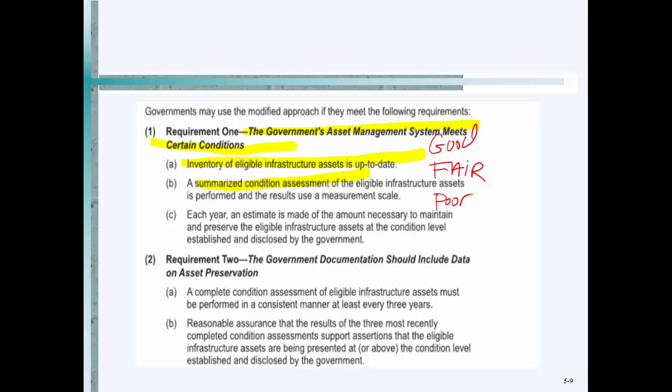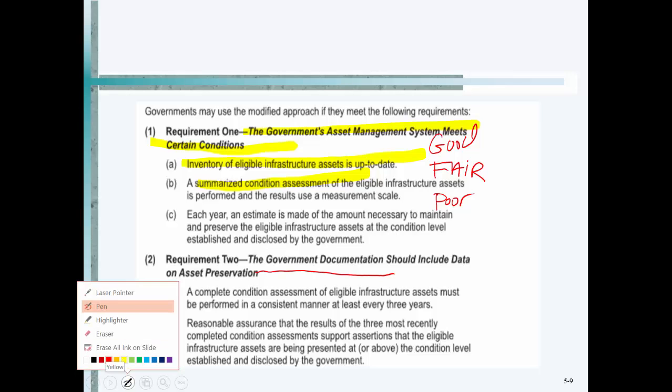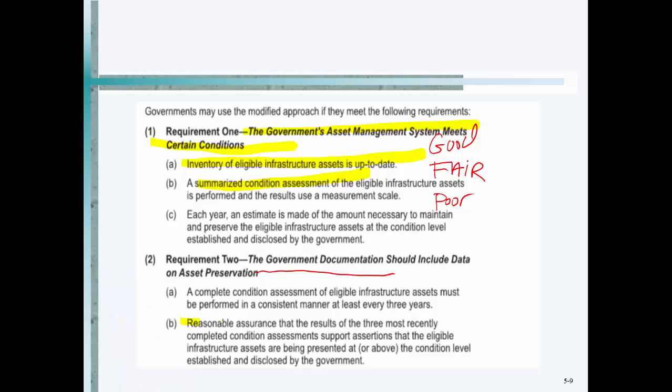So we have to have a system that allows us to do an assessment of our infrastructure assets, and we have to include documentation that is providing reasonable assurance that we are maintaining our infrastructure assets at or above the most recently completed condition assessment.